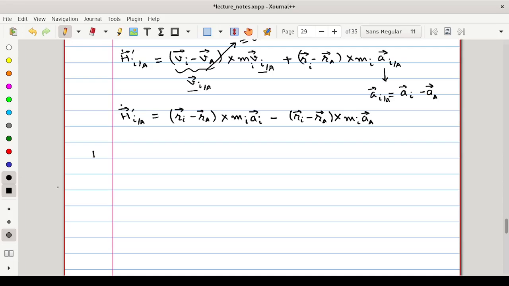In order to obtain HA prime dot, that is the rate of change of relative angular momentum of the whole system, we will sum the equation above from i equals 1 up to n. So over i we will sum all these relative angular momenta.